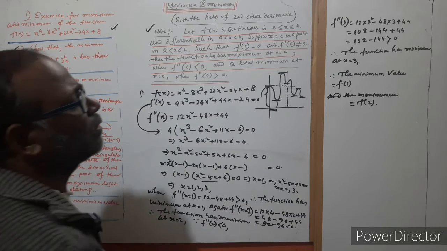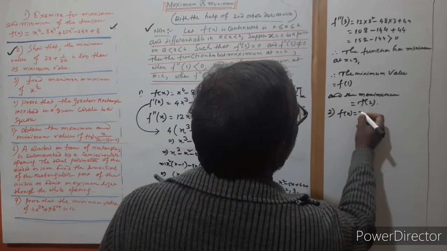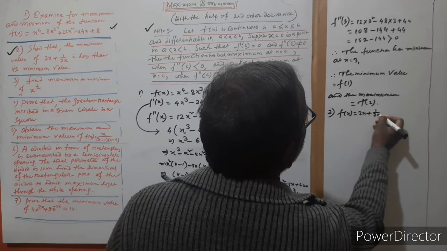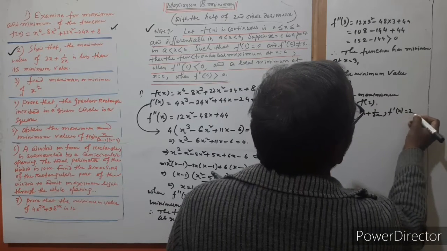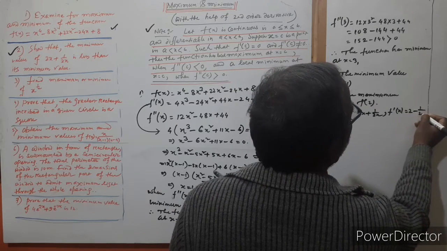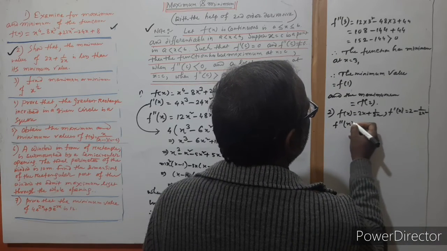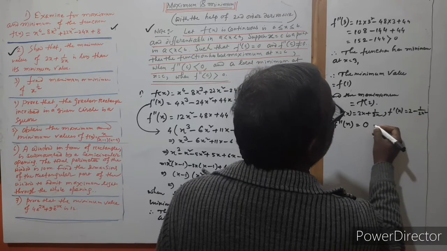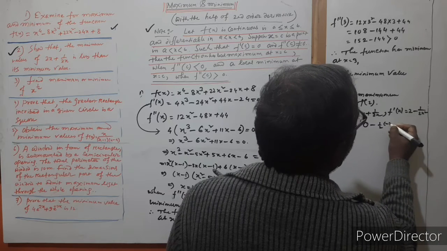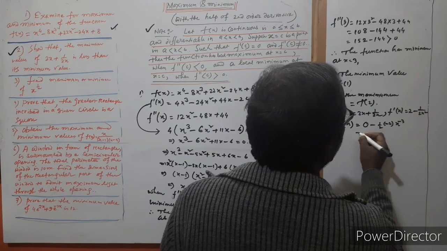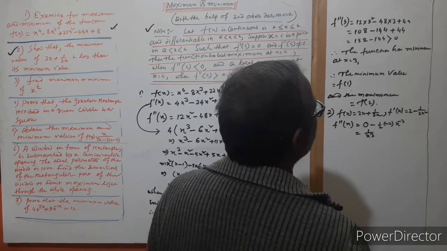For example, f of x is equal to 2x plus 1 by 2x, okay. Now differentiate: f dash x is 2 minus 1 by 2x square actually, and the second order derivative, derivative of 2 is 0 here, so this is minus half, and x to the power minus 2, so you get minus 2 and x to the power minus 3, so minus minus plus, that is 1 by x cube, okay.